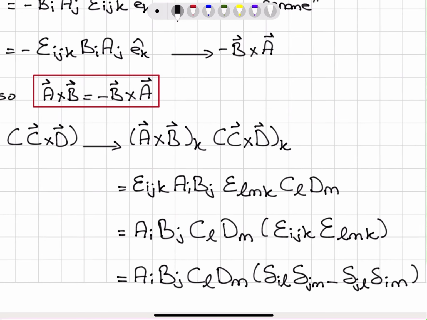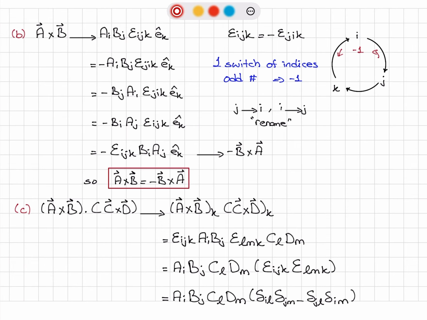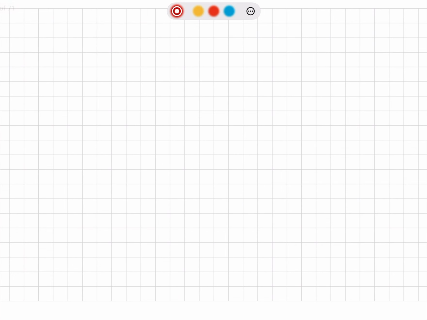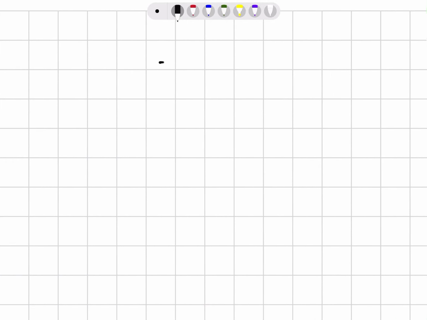Now this indicates that l's will be replaced by i and m's will be replaced by j. So let's first do that. This is equal to A sub i. I had C sub l, that becomes C sub i because l is replaced by i, and then m is replaced by j. I had B sub j, that remains, but D becomes D sub j.